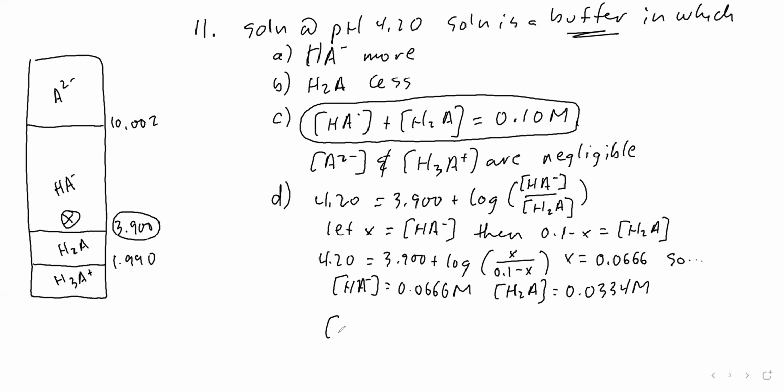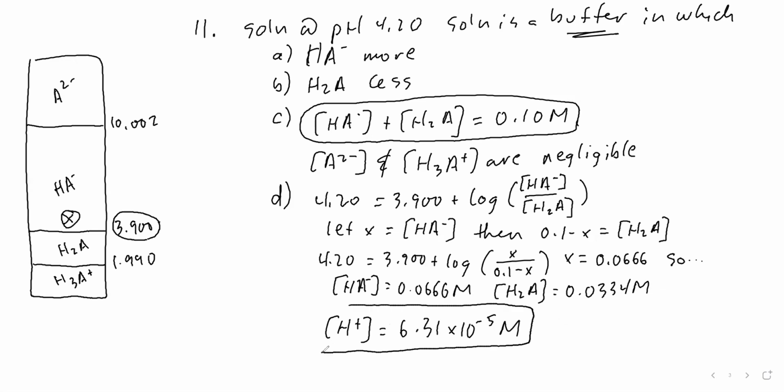So our H plus concentration, we also actually know. That value is 6.31 times 10 to the minus fifth molar. And if we wanted to, we could calculate OH minus. All right, so we've got some really important numbers here.